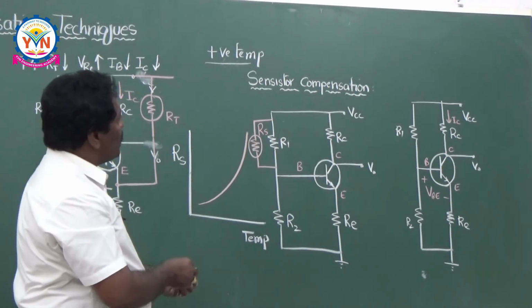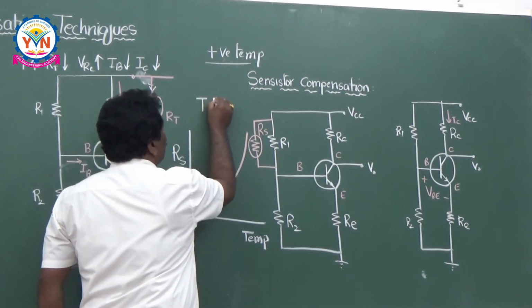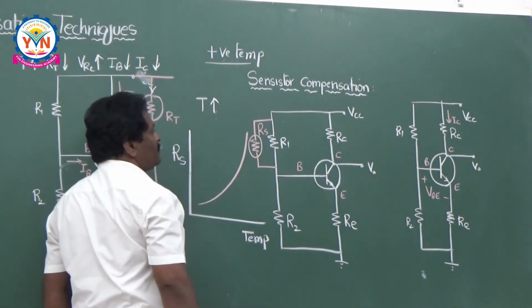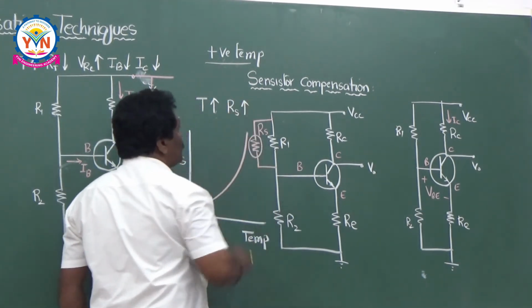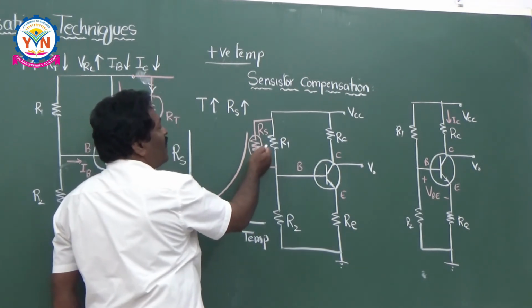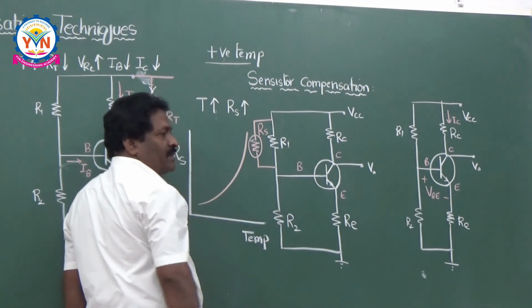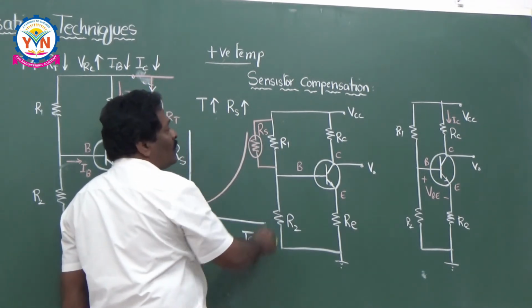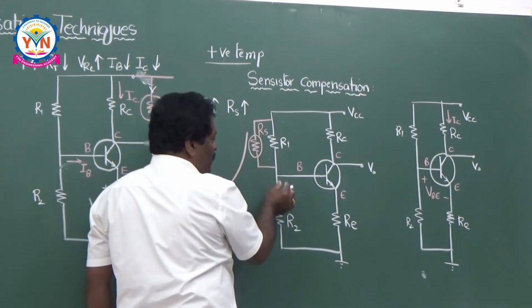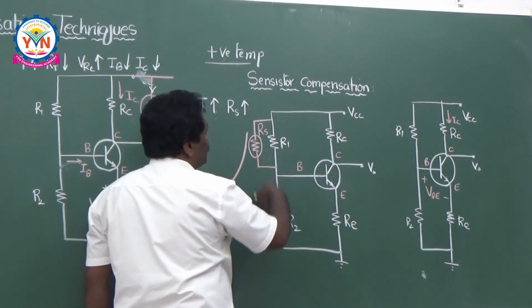Now let us check what happens here. If temperature increases, your Rs also increases because it is a positive temperature coefficient resistance. If Rs increases, the current through R2 decreases.